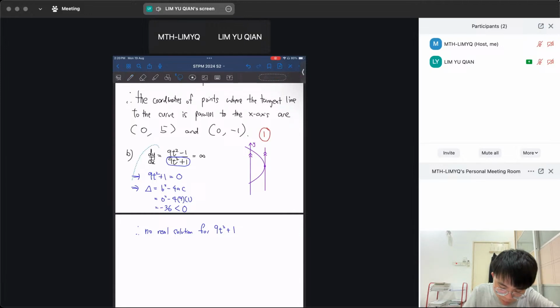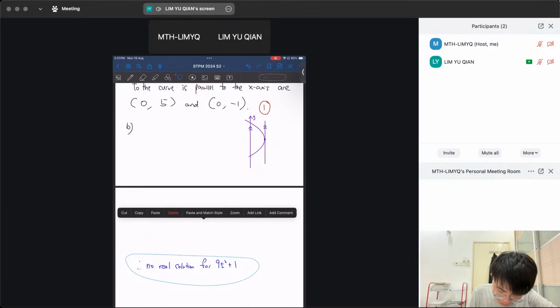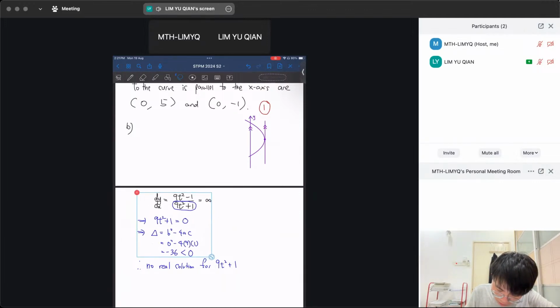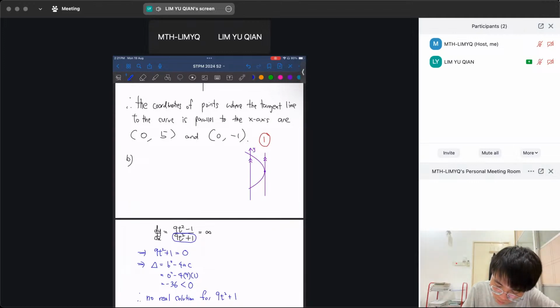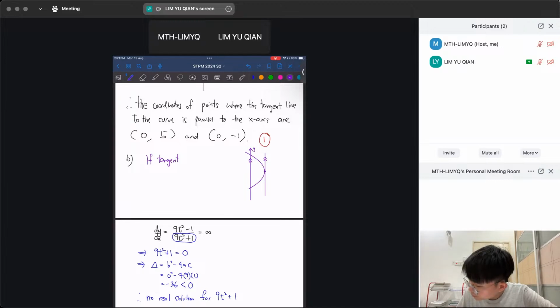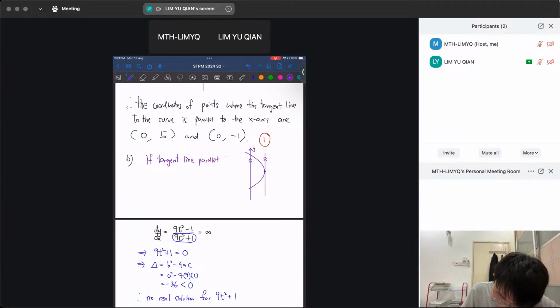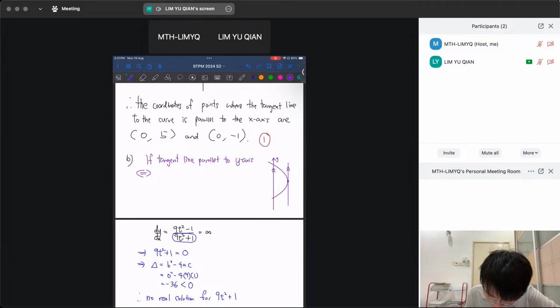Okay, I think we better write down the argument here. So if the tangent line is parallel to the y-axis, then it means a vertical tangent line.